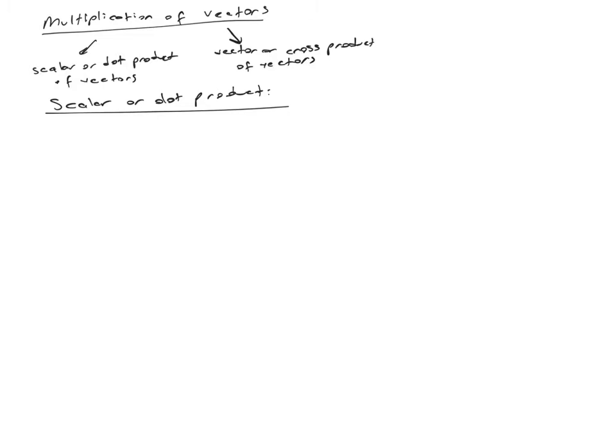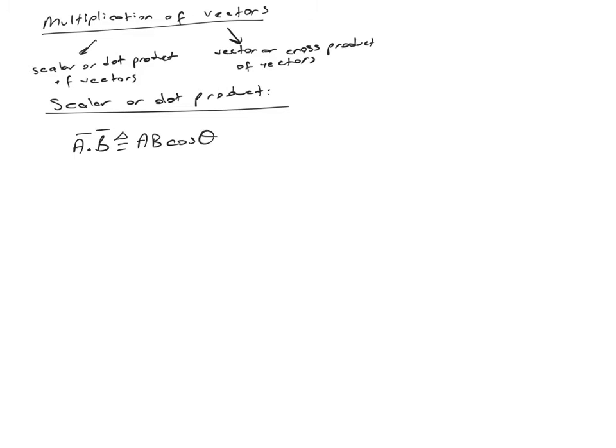Dot product of two vectors A and B is defined as the magnitude of vector A times the magnitude of vector B times cosine theta.